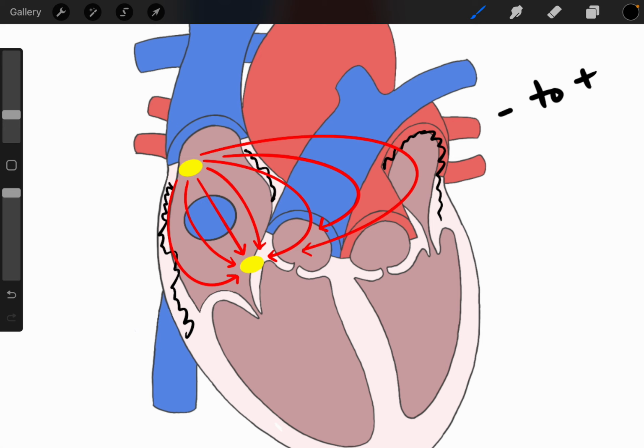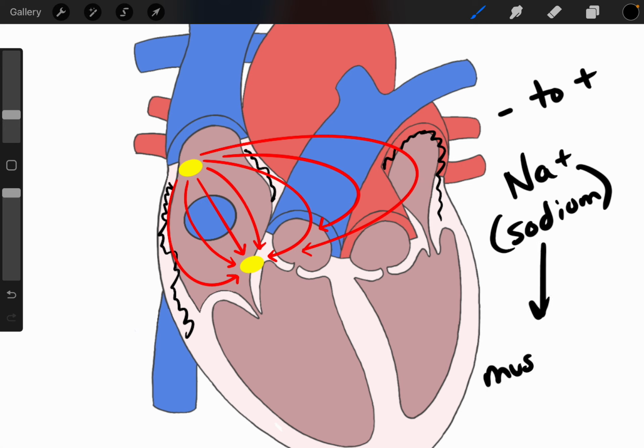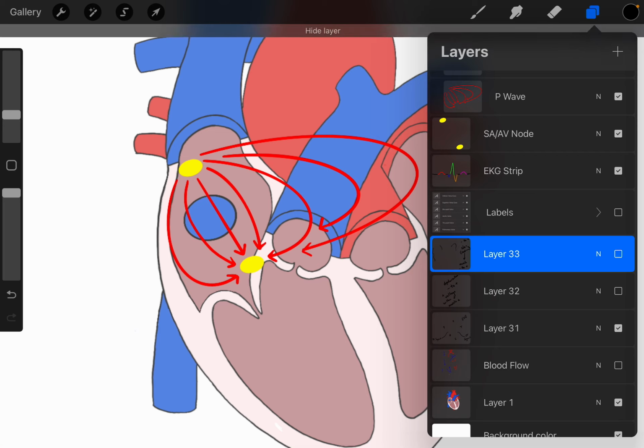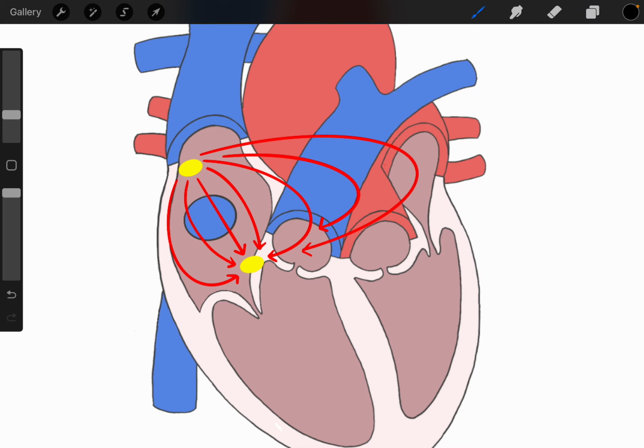The way the body does that is by the use of sodium. So we're going to send that sodium into the muscle, and it's going to start changing the voltage inside the muscle from negative to positive. So as we do this, we are doing this around the atria first through these red lines.